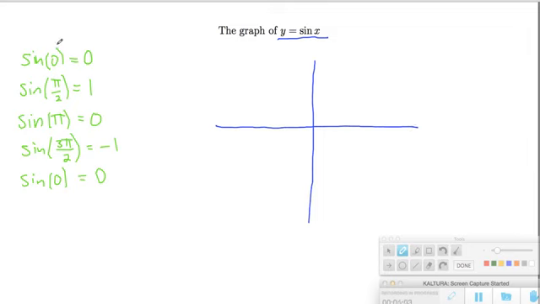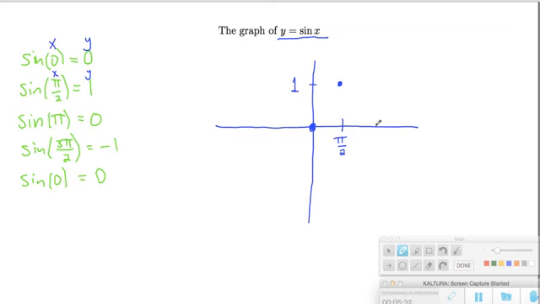Now we're considering the stuff that we're feeding into the function as x values, and our output are the y values. So sine of 0 equals 0. This corresponds to the point (0, 0). Sine of pi over 2 equals 1. That's x equals pi over 2, with a corresponding y value of 1. So at pi over 2, we're up at 1, and we have another point.